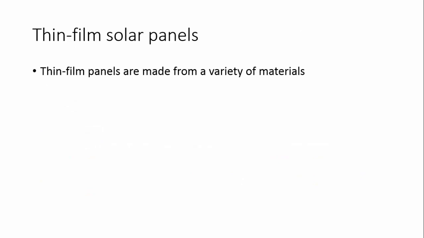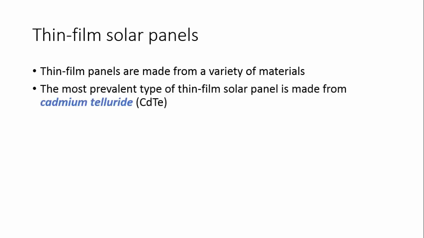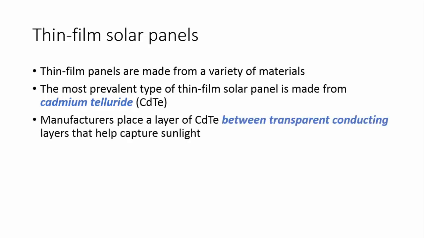And then come the thin film solar panels. They are fabricated differently, from different materials, and the most common material used for fabricating thin film solar panels is cadmium telluride.